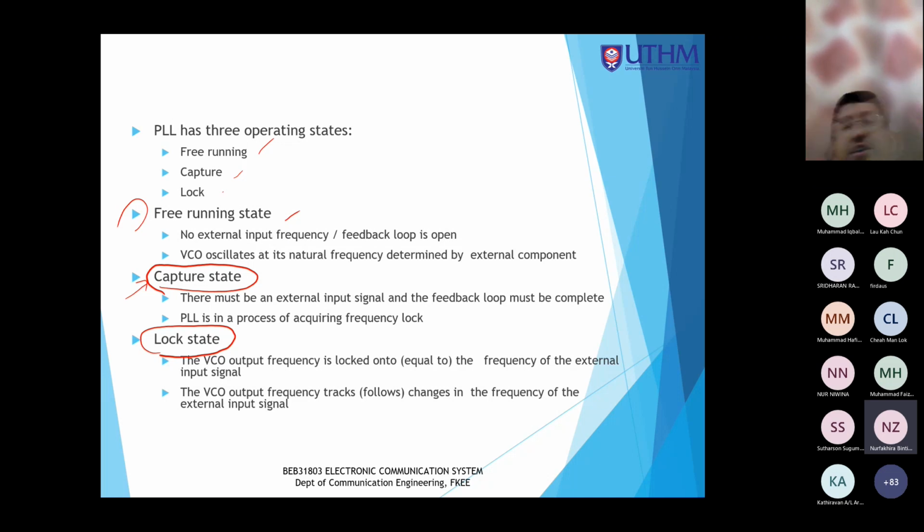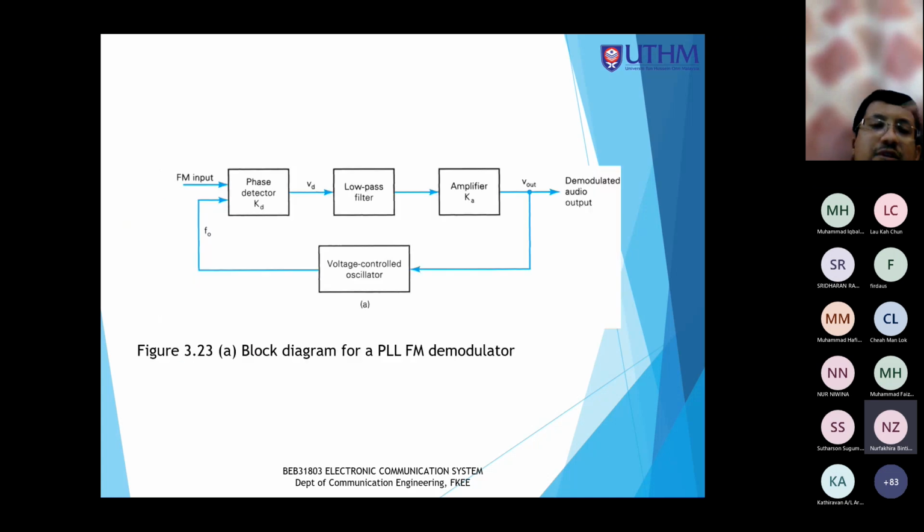So if the frequency varies, it will produce output voltage variations. If you see the block diagram of the PLL, this is the simplest block diagram. This block diagram we haven't asked in the final exam yet. Okay, we haven't asked this question yet. But this has been explained in Wayne Tomasi's book.